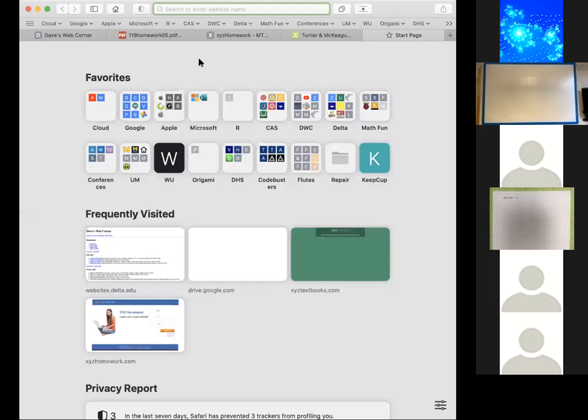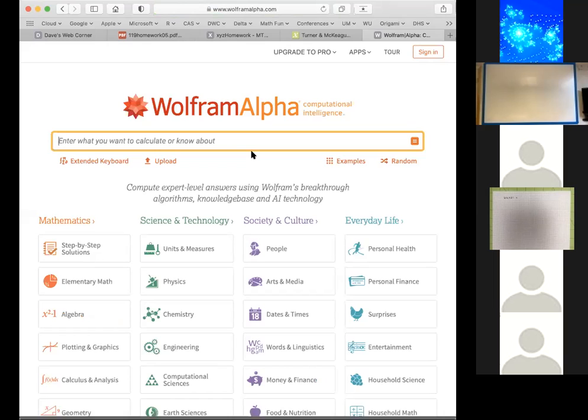Shout if you've heard this before, and I'll show it to you in my browser. Has anybody heard of Wolfram Alpha? Has anybody heard of this website?